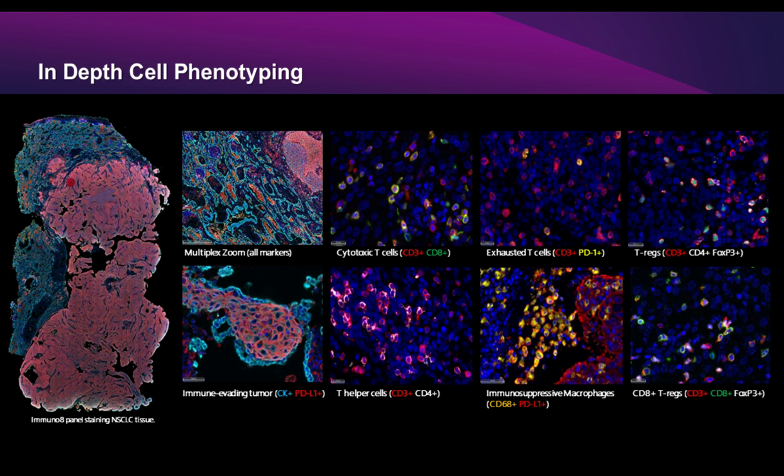General storage is usually 4 degrees in the dark, but I can say from my own experience, I've had slides that I've had in my own bag for things like demos for well over 6 months just in the dark, and they still perform just fine with very minimal changes in exposure time.